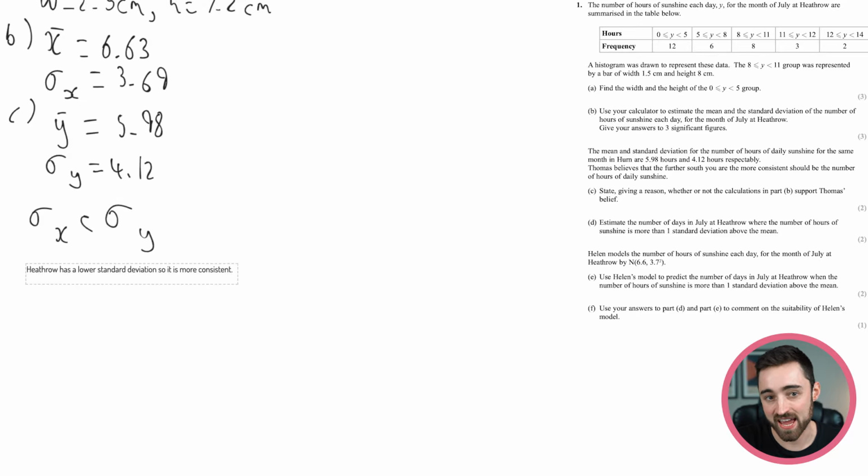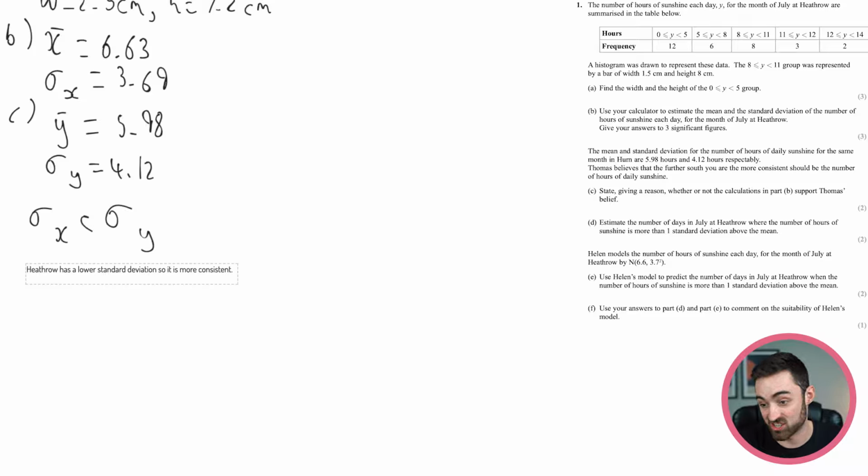There's an annoying little thing here, because you might be like, well, what's further down south, Heathrow or Herne? Either you're pretty good at geography, or annoyingly, you're going to need to know this from the large data set. So it turns out that Herne is further south. So basically, here we've just shown that actually Heathrow, which is further north, is more consistent.